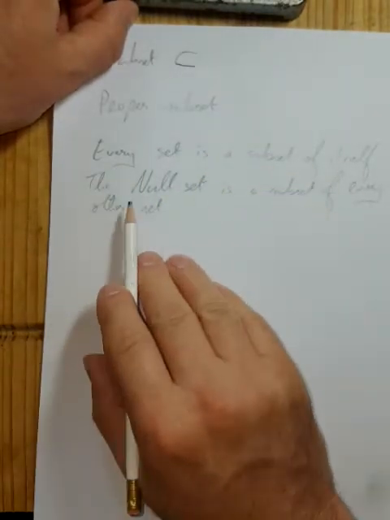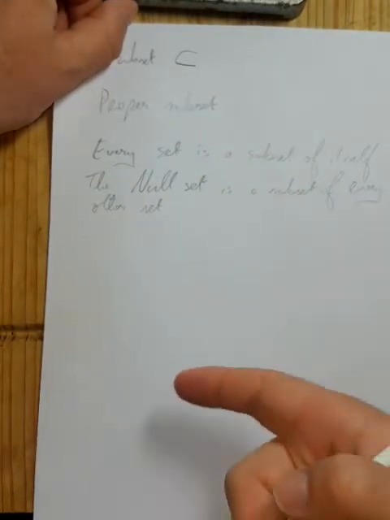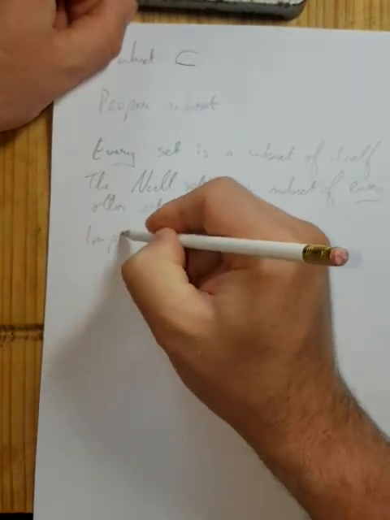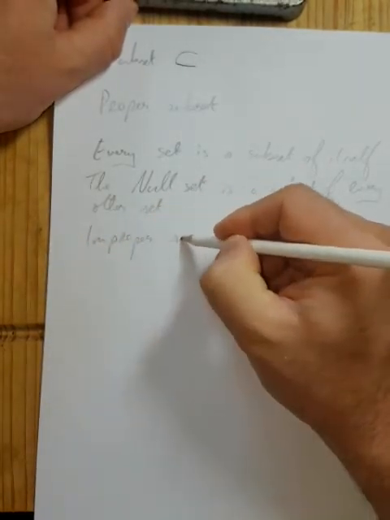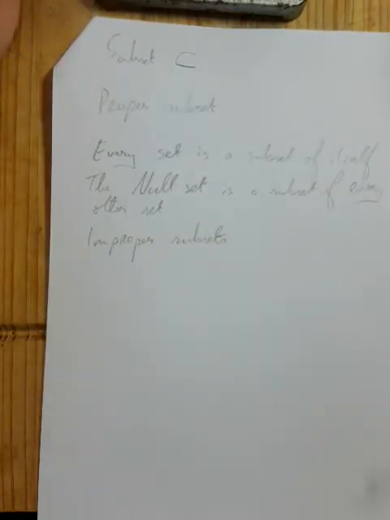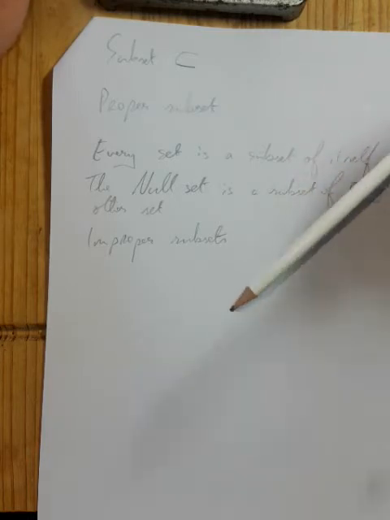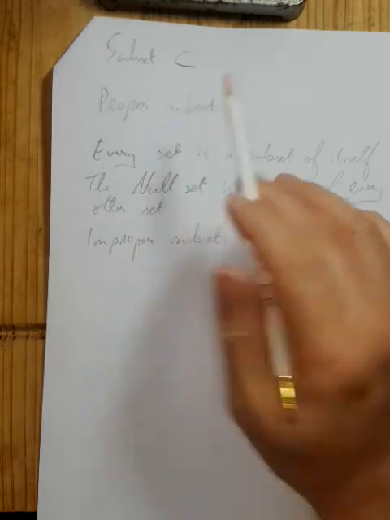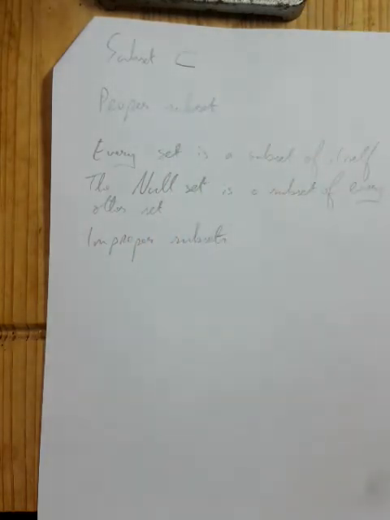These are two examples. A set which is being described as a subset of itself, or the null set, are improper subsets. Because technically, by definition, they are subsets. They contain elements which are in another set, but they're not really what we mean when we say it. So they're called improper subsets. Now, there's no symbol for improper subsets. It's just like that, okay?